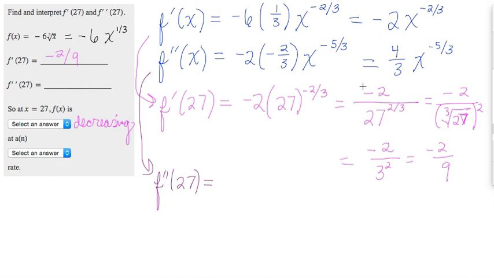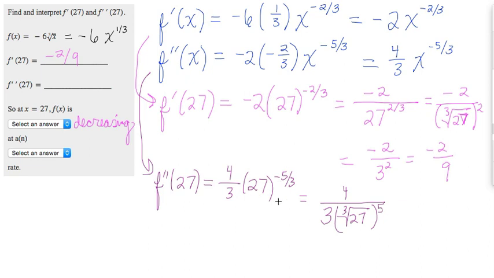So when we plug in 27 into the second derivative here, I'm going to go a little bit faster. Definitely pause the video and try this on your own first, okay? So it's 4/3 times 27 to the -5/3, which is 4 over 3 times the cubed root of 27 to the 5th. So I did 2 steps in one there.